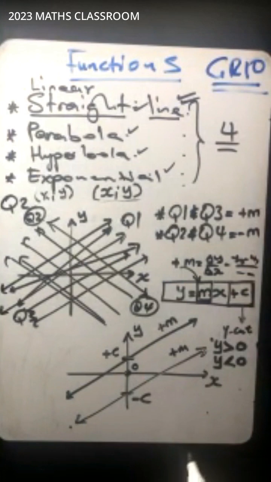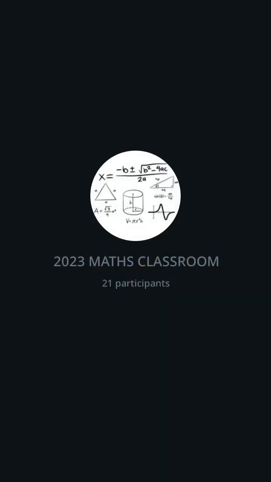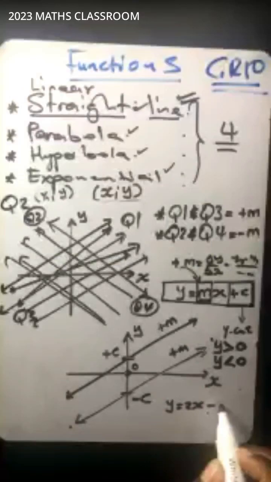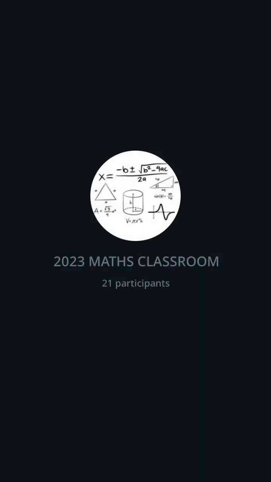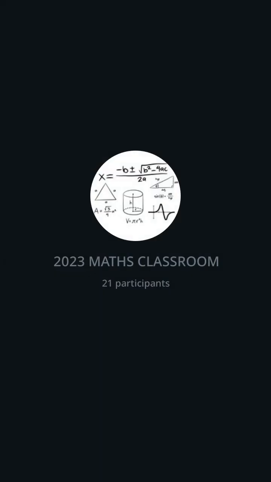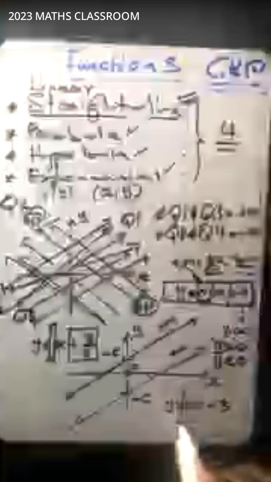So for example, let's say y equals x minus 3. In this case, the c value is negative 3.